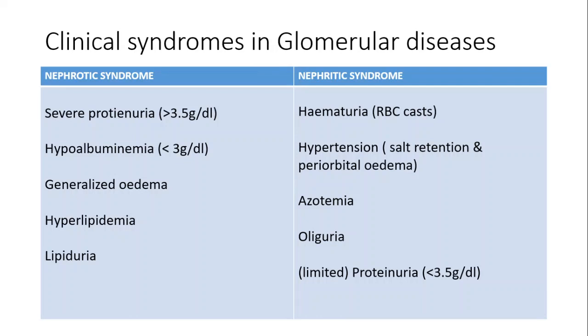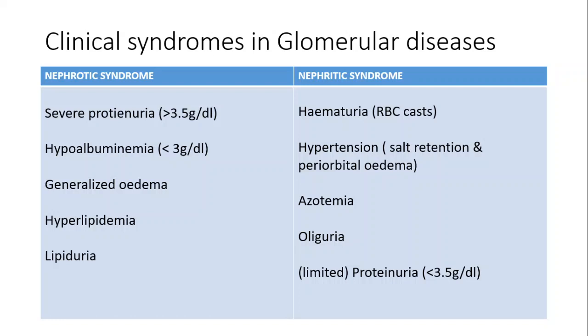Before we discuss the common presentation of glomerulonephritis, dear friends, let us discuss the classification of glomerulonephritis. Broadly, we can divide glomerulonephritis in various ways. One is the onset of the disease: acute glomerulonephritis and chronic glomerulonephritis. It depends upon the course and complications.